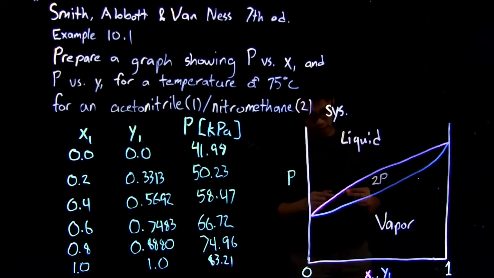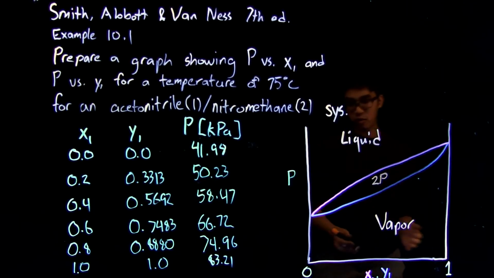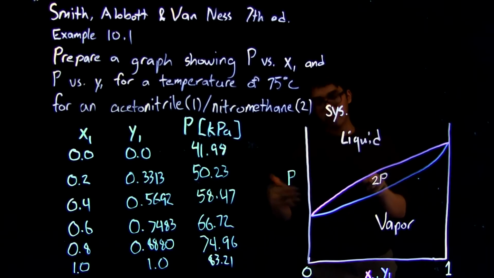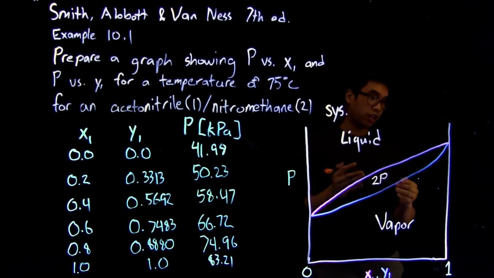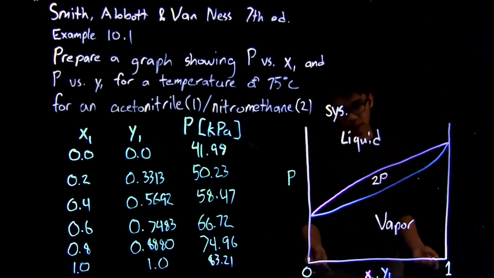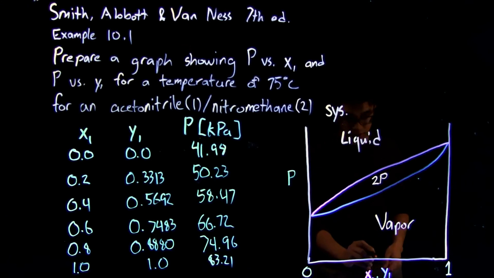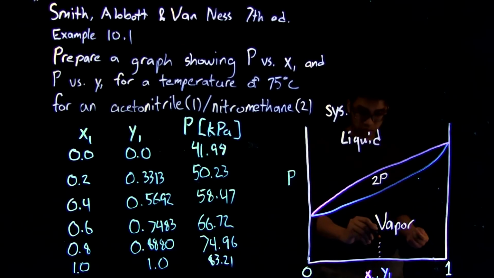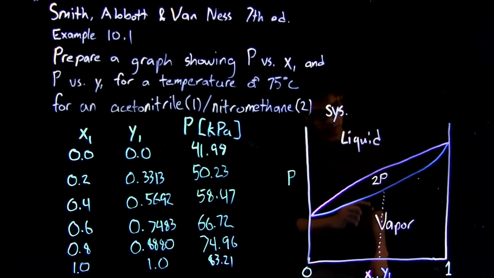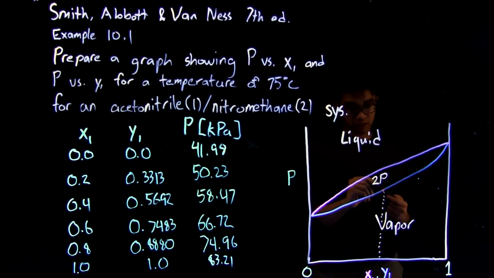What this means is that if the composition of your mixture falls inside this envelope at a given pressure, then you will effectively have two phases. So if, for example, you were to have a mixture composition of 0.5, so right here, as your pressure increases, eventually you'll start to see liquid start to form in your two-phase region.